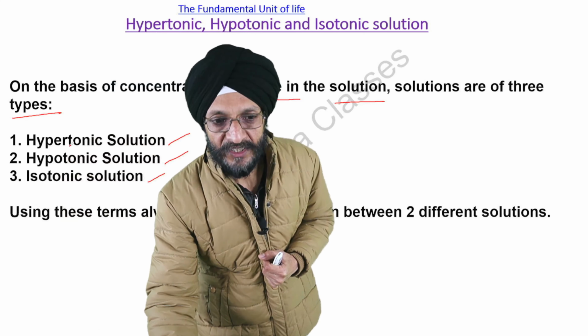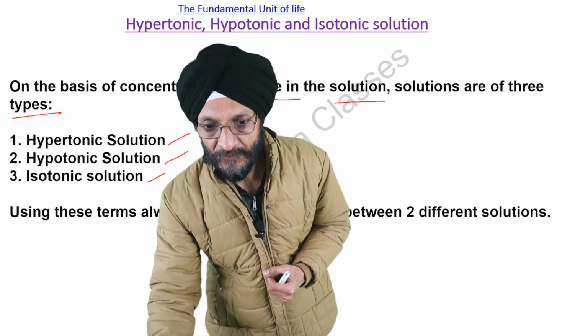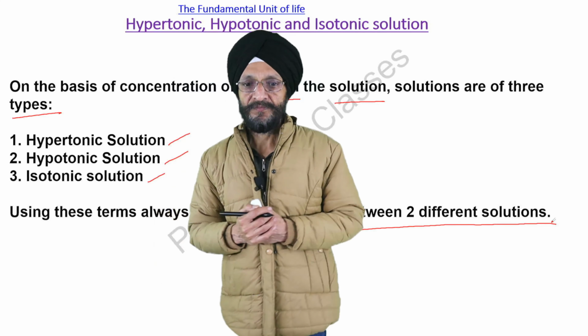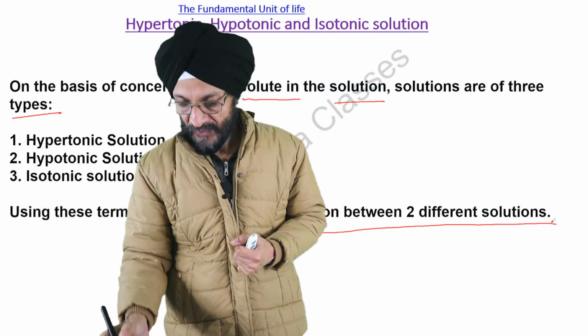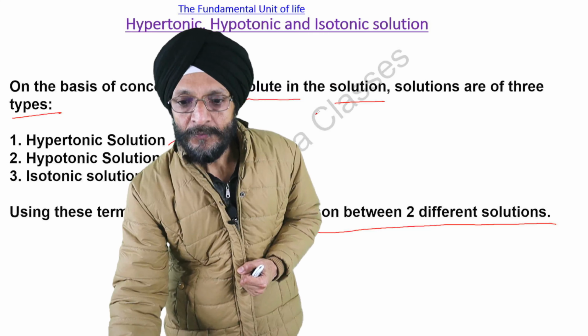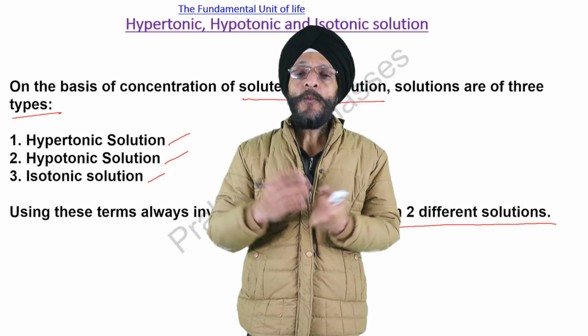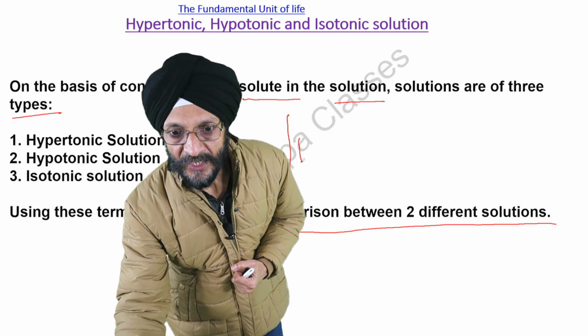Using these terms, that is hypertonic, hypotonic, isotonic, always involves comparison between two different solutions. Let us assume otherwise. Suppose we say that he is taller. How much taller? He is taller than him.